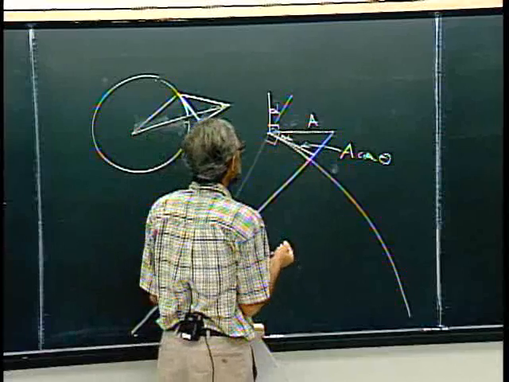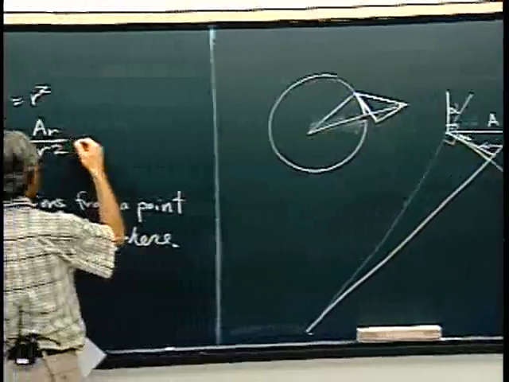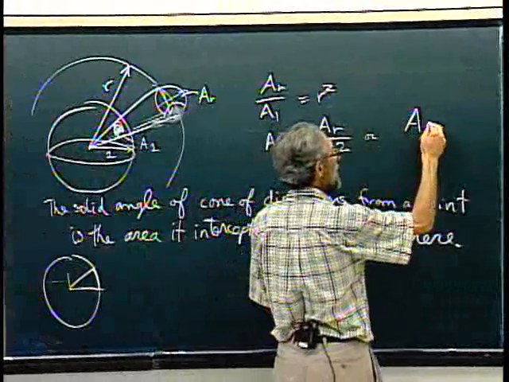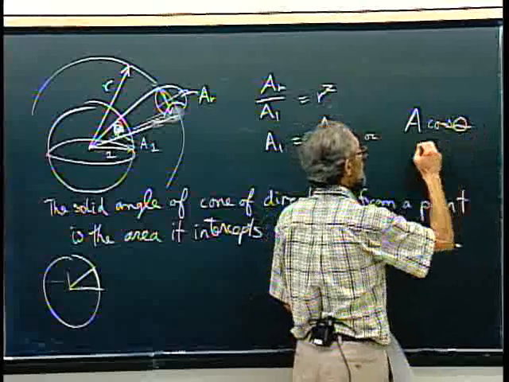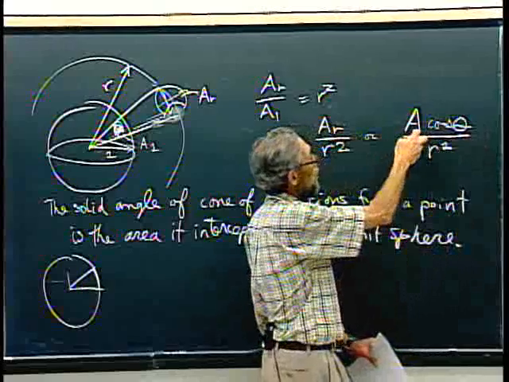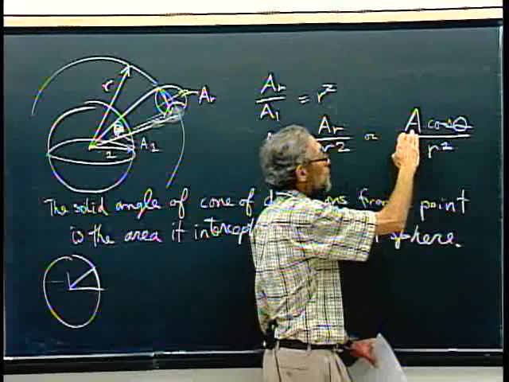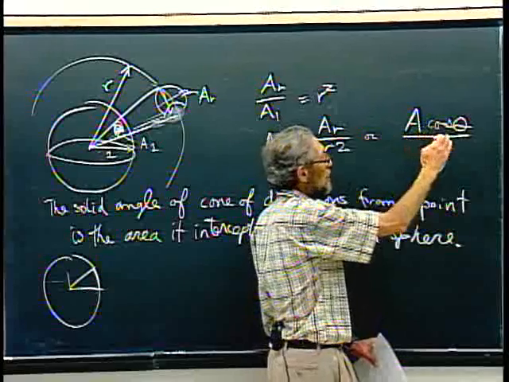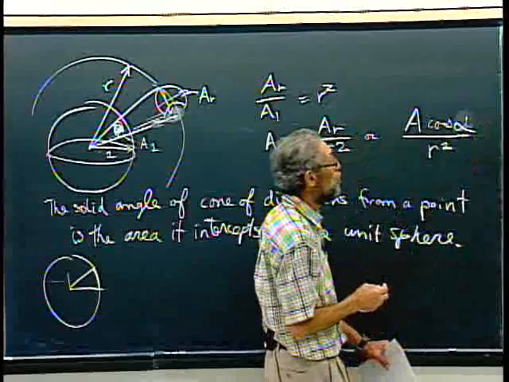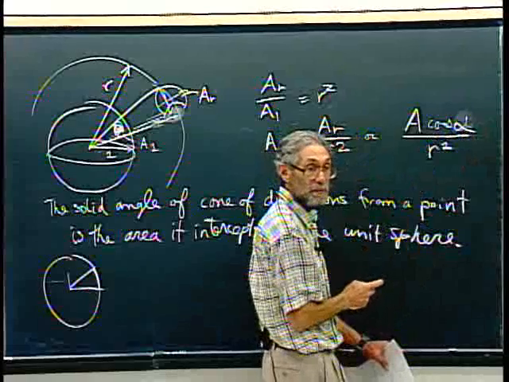So what that says is that, as a generalization, if we go back to this formula, it's A, whatever that area is, times cosine theta divided by r squared. And now it's not an area on the sphere, it's a flat area, a little piece of polygon in any orientation, and I wrote theta. What I really mean is alpha, the angle between the surface normal and the radius direction.